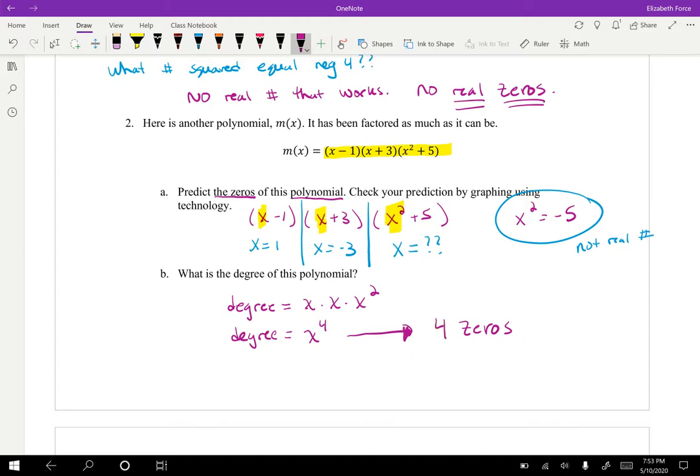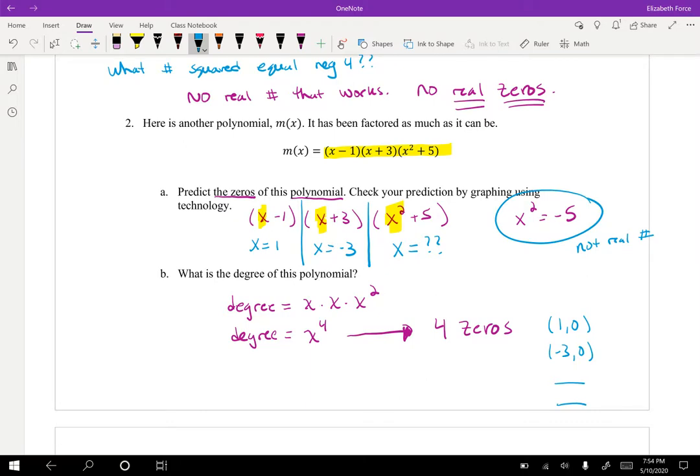Well, I definitely have 2 of them that I know of. I've got a real 0 at 1, 0. I've got another real 0 at negative 3, 0. But there are 2 more missing because the fundamental theorem tells me that I have 4 of them. But we know that there's no real possible answer to that third factor.